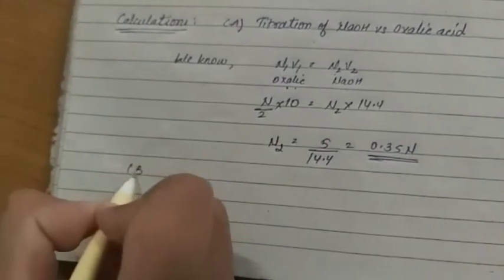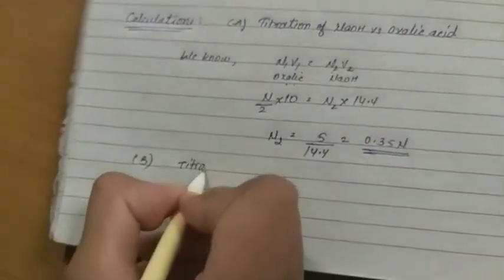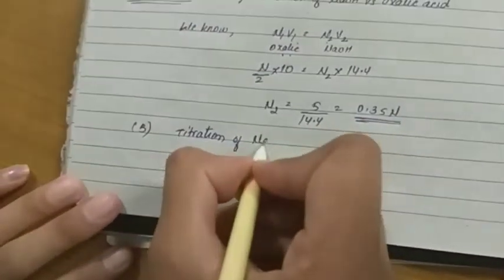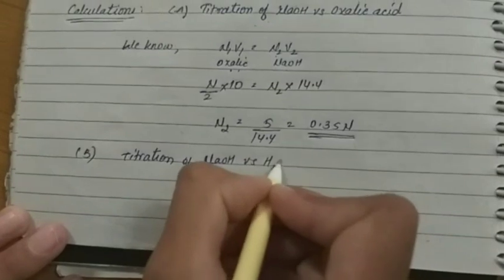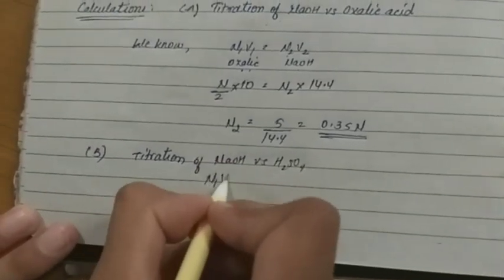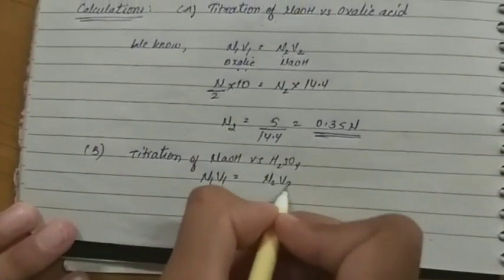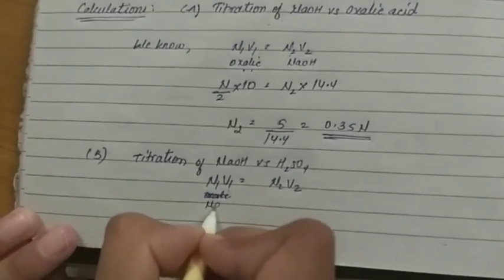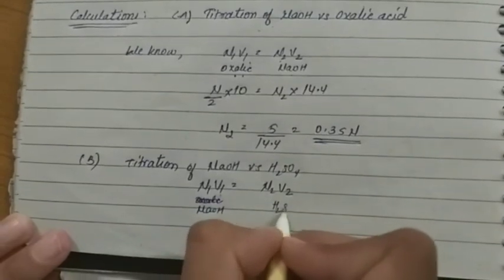Similarly, we will now calculate for H2SO4. We need to calculate the normality of H2SO4 and the volume used for the H2SO4 is 10 ml.